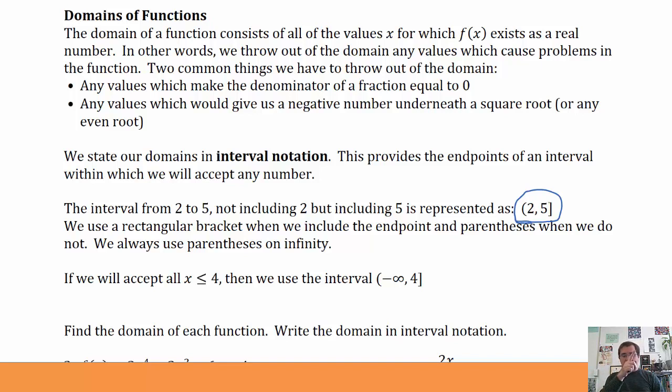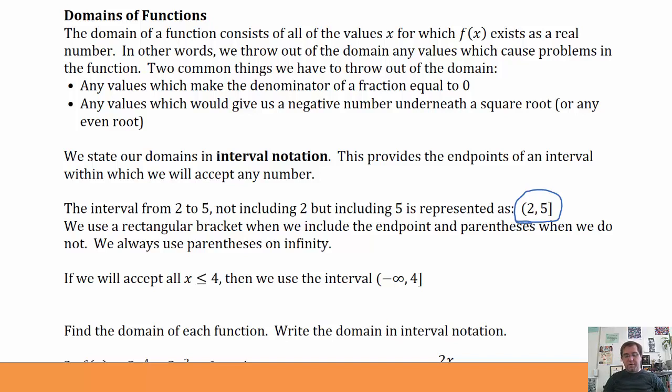So we use a rectangular bracket when we include the endpoint, and we use parentheses when we do not. So 2 does not work, but anything marginally bigger than 2, 2.000000000000000000001 works. We always use parentheses around infinity.